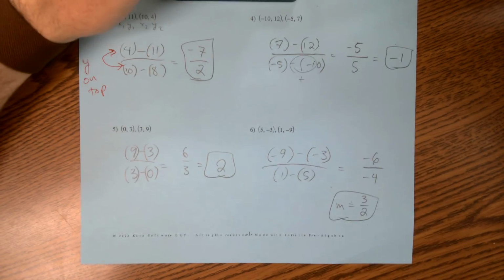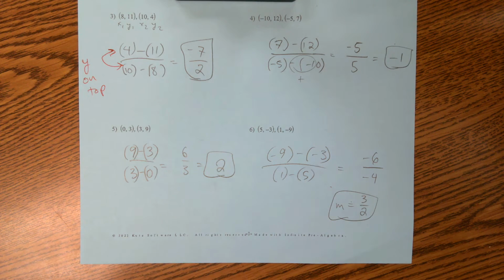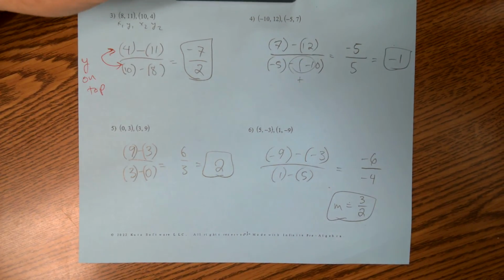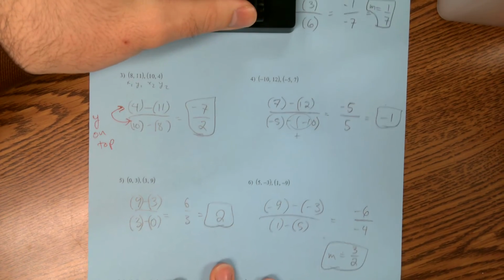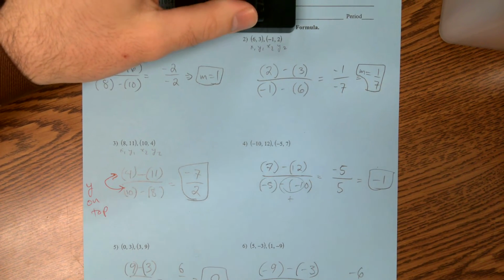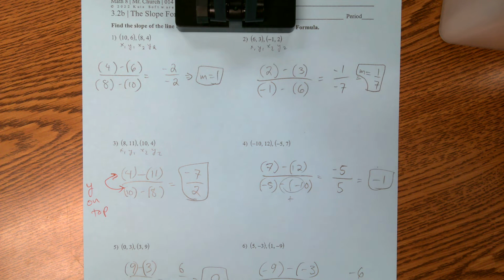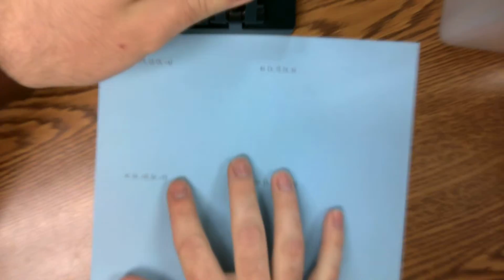Number 2, yeah, I'll move it up in just a second. I'll slow down on the back a little bit. Here's number 2 for you, sir. All good? All right, to the back we go.